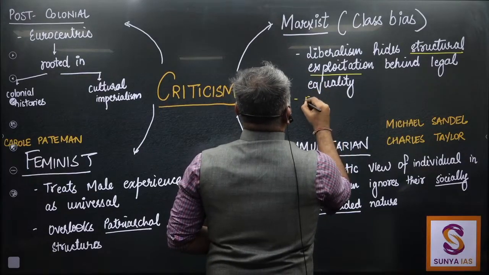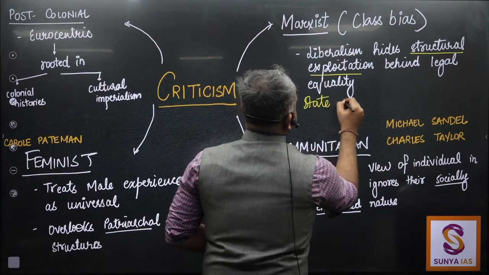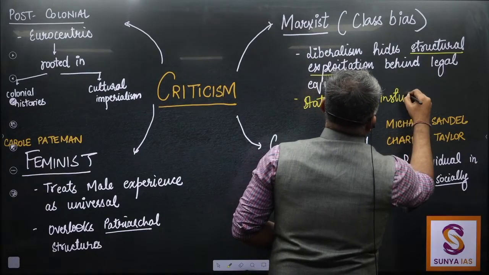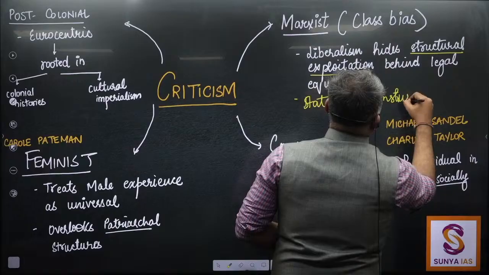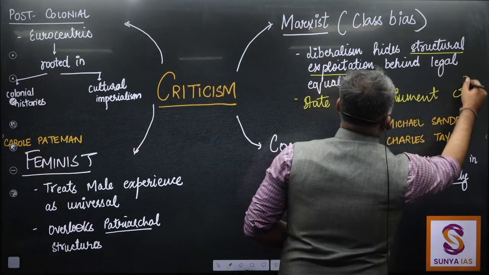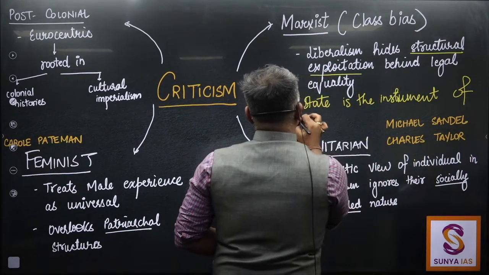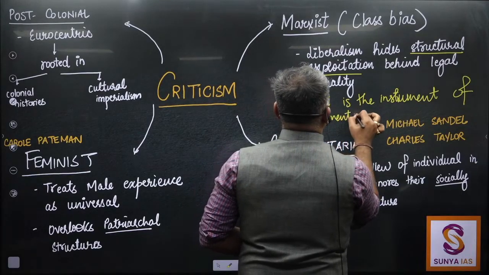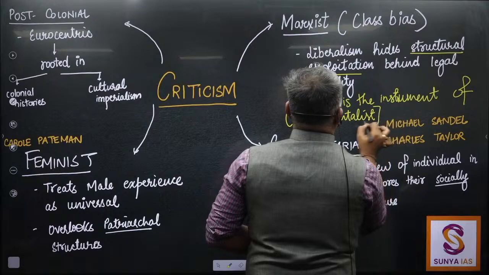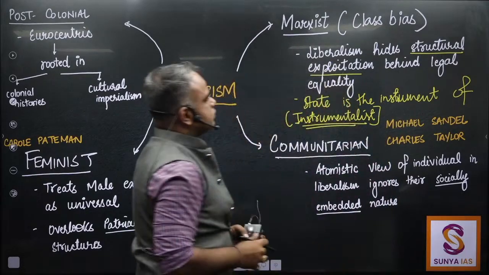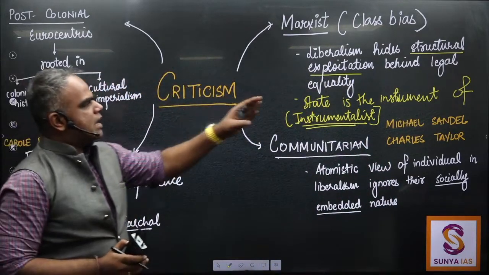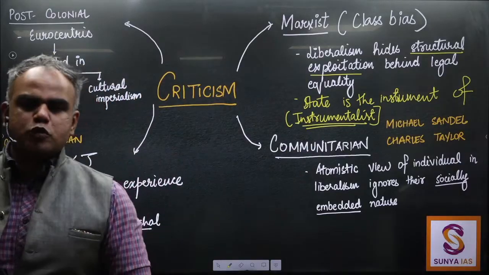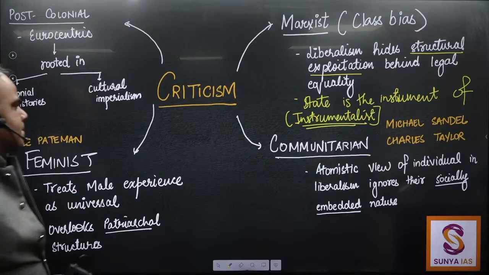For them, state is the instrument of the bourgeois class. This is the instrumentalist view of state. So another criticism the Marxist would have is that the state is the instrument of the bourgeois class.